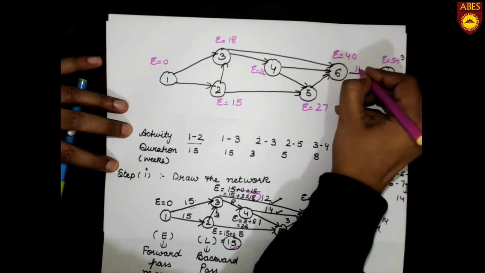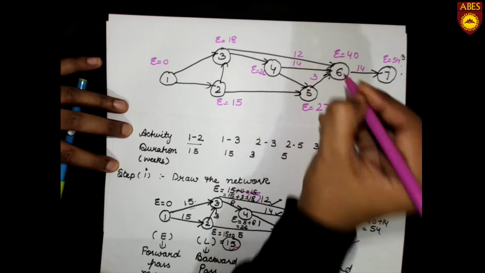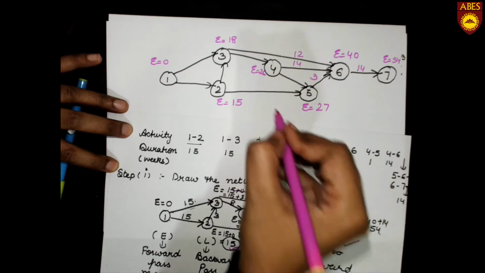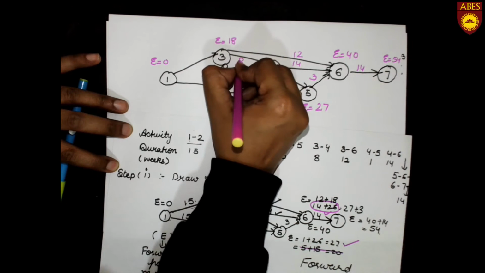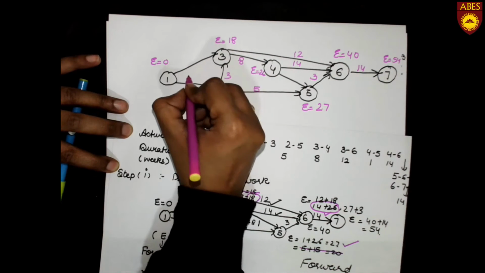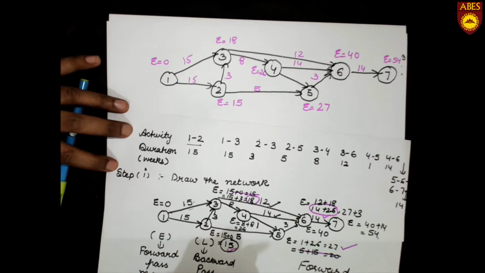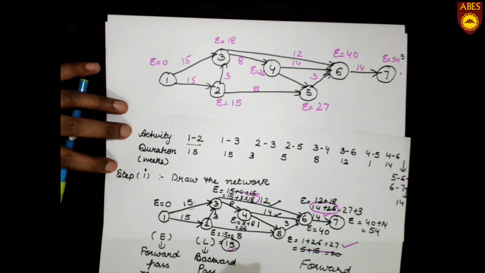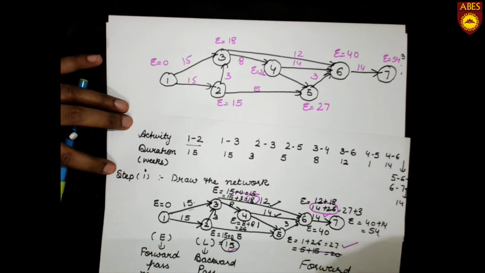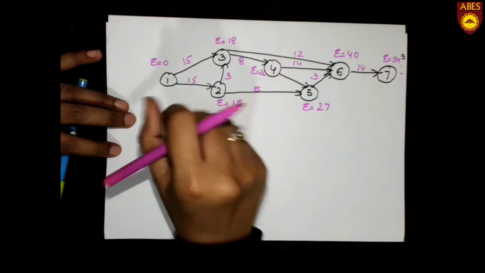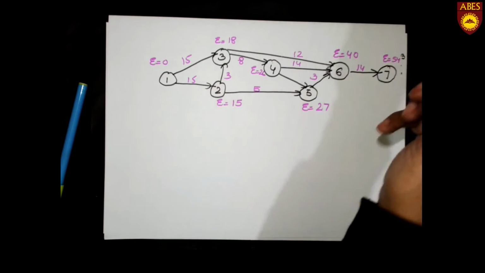Again I will write down the durations over here. Now this is 5, 8, 3, 15 and 15. Now we have found E, that is our earliest start time, from this method. Next we will find out L for each event.